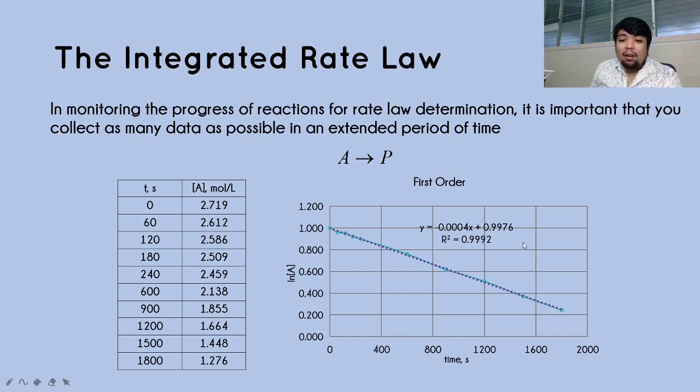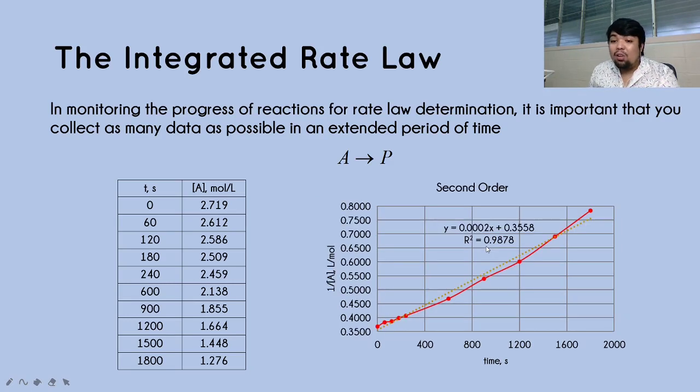If you plot all of this data for a first order reaction, its r is now getting nearer to 1. So it is now very, very close to linearity.